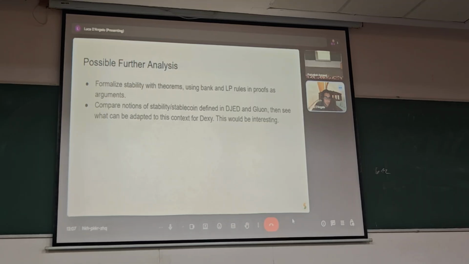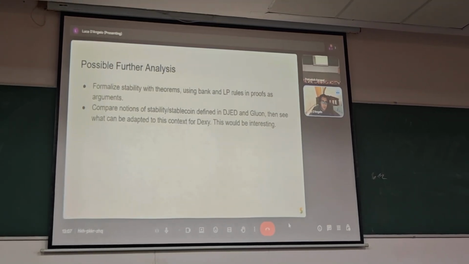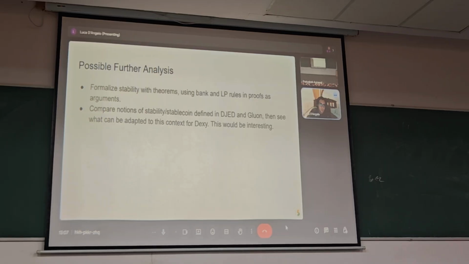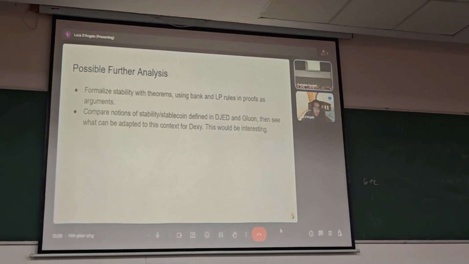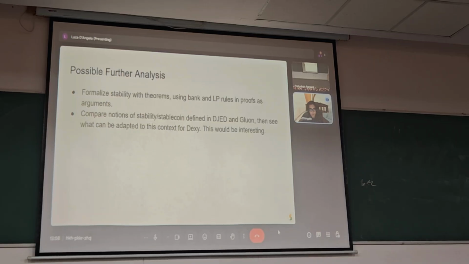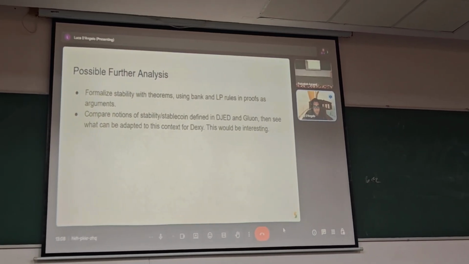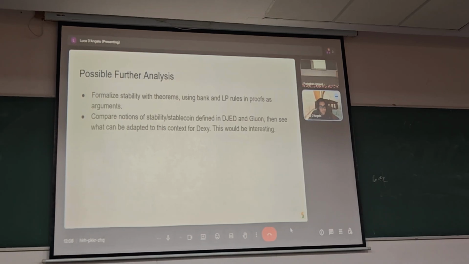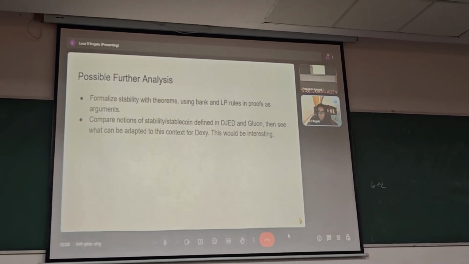Also, Jet and Gluon are interesting. There are defined notions of stability and what stability means to be a stablecoin, and it would be cool to see how you could adopt those in the case of Dexy. Yeah, that's it. Thank you.